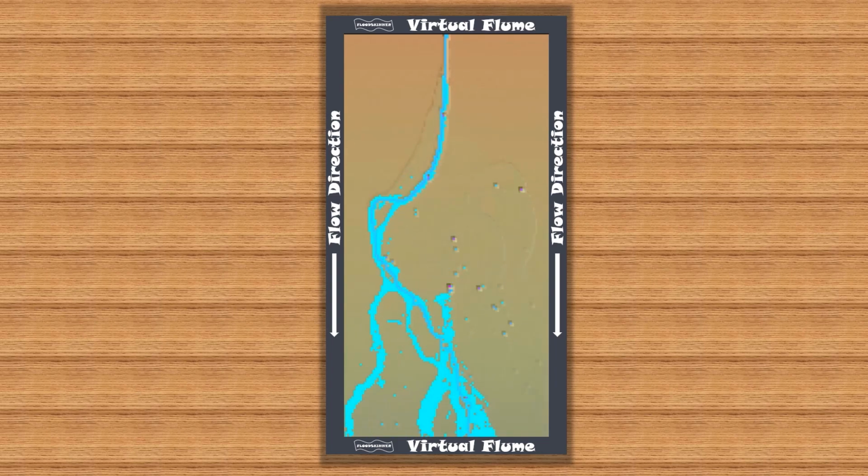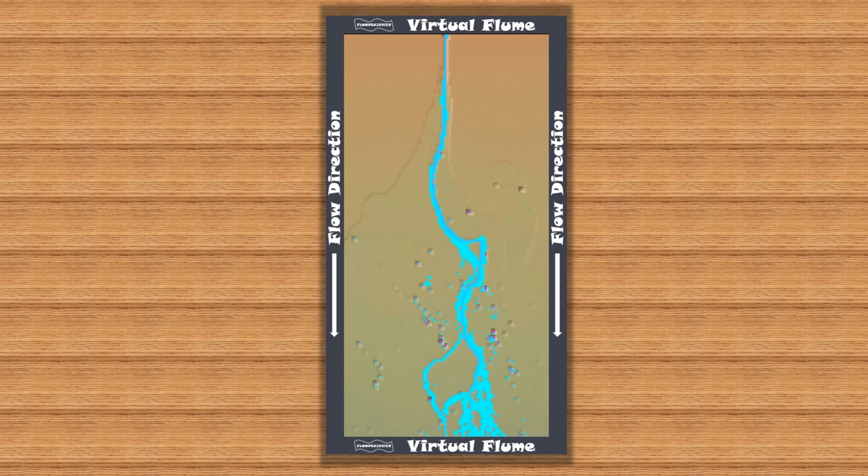In my virtual flume, water is poured in from the top and there is a slope which goes slowly down towards the bottom. As the flows scour the surface, they allow water to converge and carve out a channel, and this further concentrates water into that channel and causes even more erosion to occur. Over time, the channel shifts and meanders and avulses into new channels. And this is all based on deterministic rules.